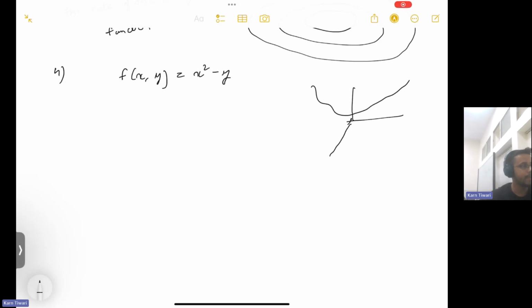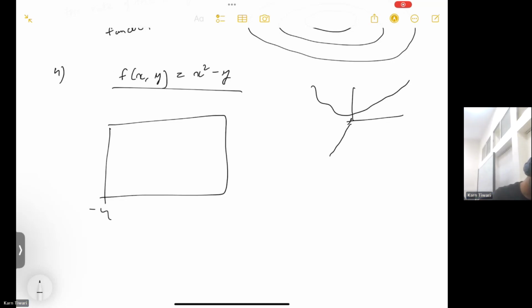Okay, so four options are given, and all the options are given with the domain -4 to 4. Okay, so the thing is this function is there. I need to draw a contour plot with the domain -4 to 4.